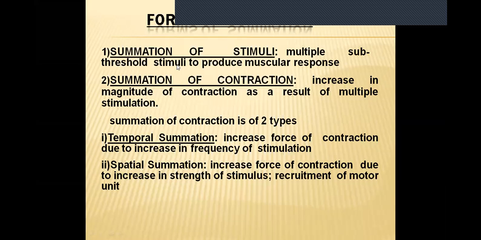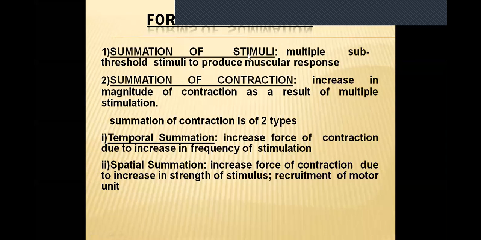Say, for example, we have given only one stimulus, and that stimulus has only 50 millivolts of capacity, but successively, immediately, we have given another stimulus. So due to the summation of the stimuli, even though individual stimuli do not have the threshold value, if the muscle contraction takes place due to the summation of these low capacity stimuli, that is called summation of stimuli.